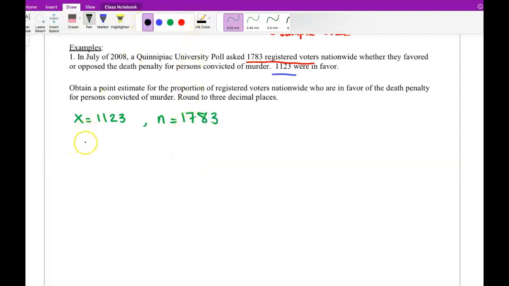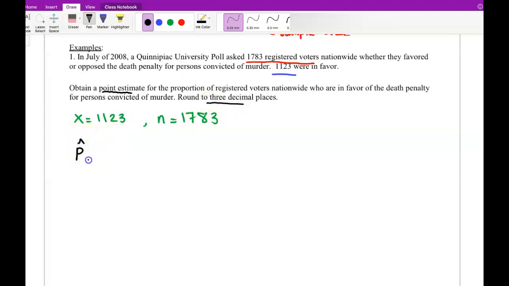Okay, now we need to find the point estimate. Obtain the point estimate for the population of registered voters nationwide who are in favor of the death penalty, and round the answer to 3 decimal places.